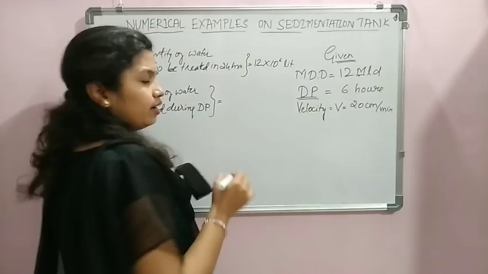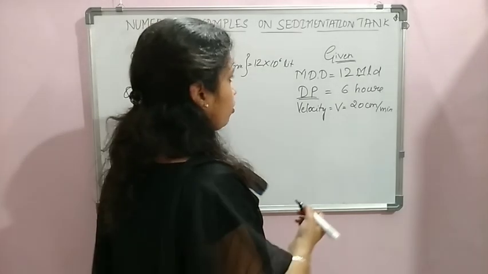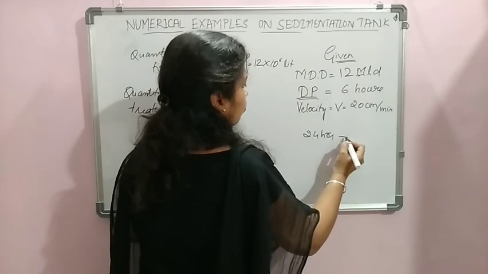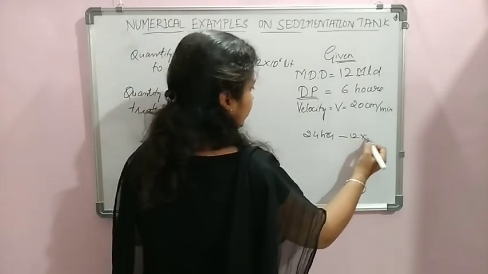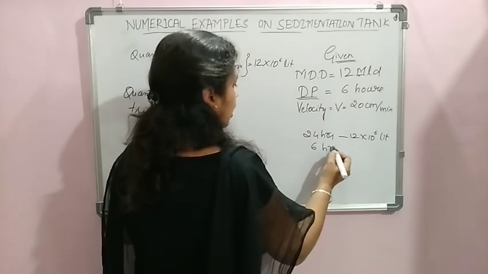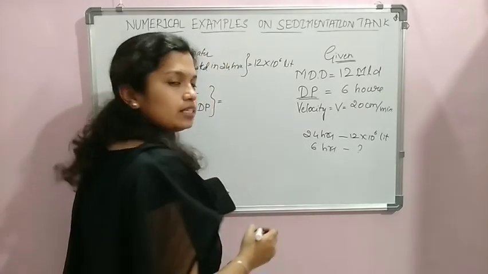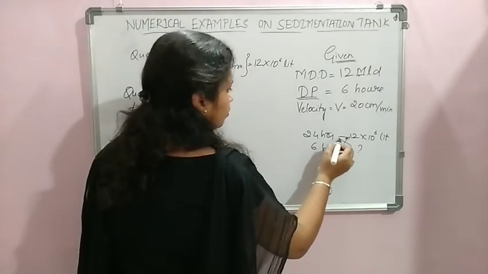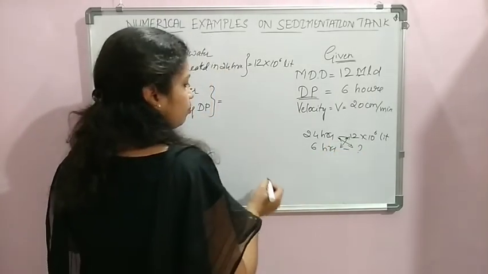In order to find that, we just follow the simple method of cross multiplication. In 24 hours, water treated is 12 into 10 raised to 6 liters. So in 6 hours, what is the amount of water treated? We cross multiply and find the answer.